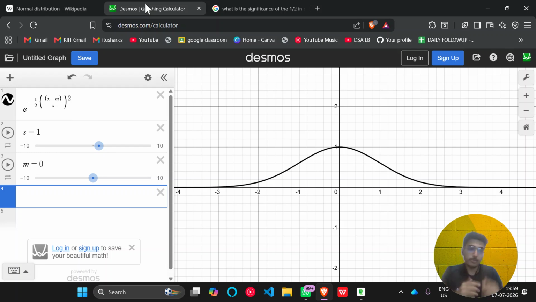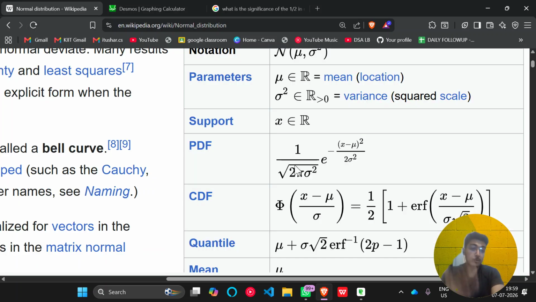By chance, when you integrate this half of the equation that we have built already, you get some value which is not exactly equal to 1. To cancel it out and bring that value to 1, we had to introduce this coefficient of 1 by root over 2 pi sigma square, so that it cancels it out and gives us a net value of 1 for the integration from minus infinity to infinity for this PDF curve. So yeah, that's the entire thing.